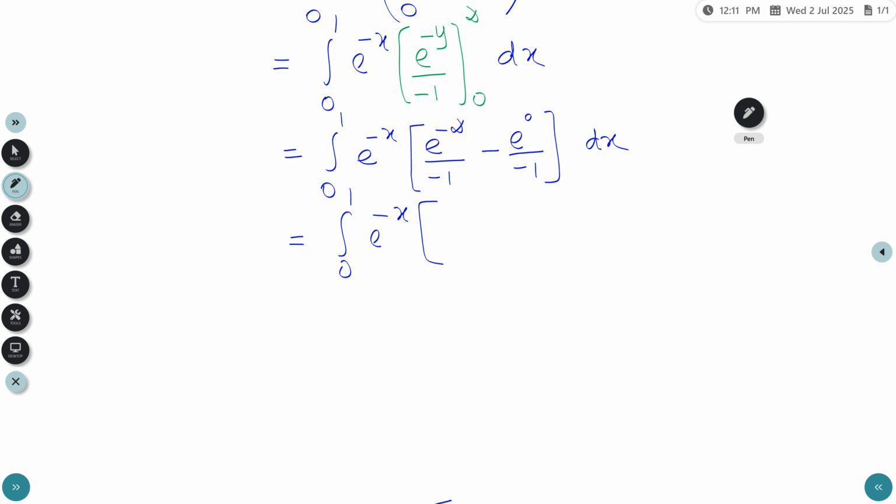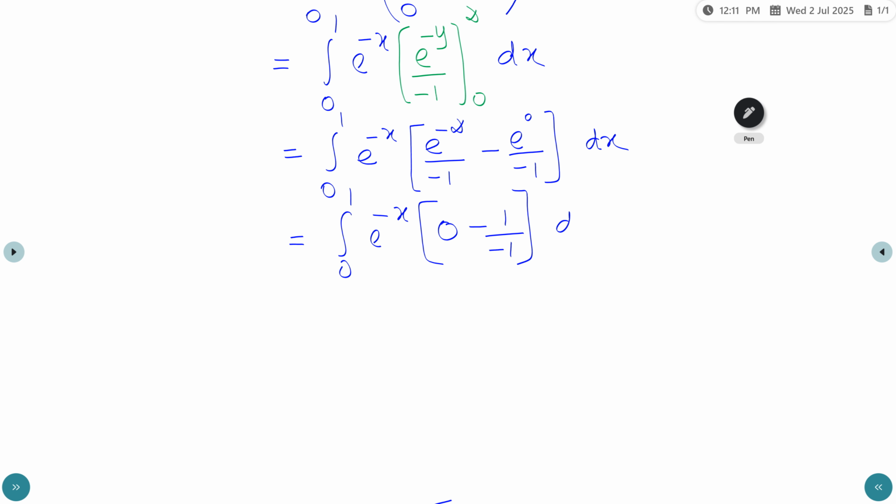So the first term will be 0 minus, any number power 0 is 1, 1 by minus 1, so minus minus is 1. So which is equal to 0 to 1 e power minus x dx.